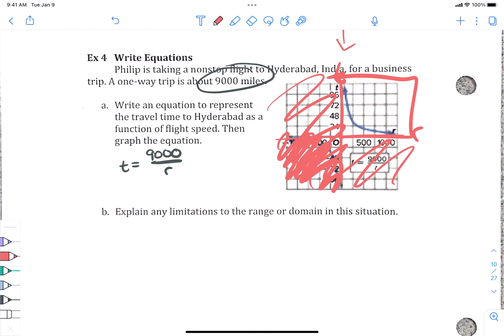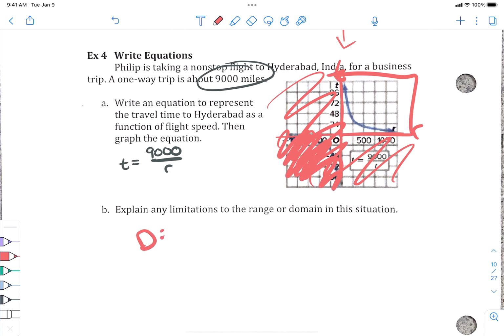Explain any limitations to the range or the domain in this situation. As far as domain goes, which variable is the domain again? Is it rate or time? Rate. How do you know that? Domain is usually x, and the x-axis is labeled as rate.